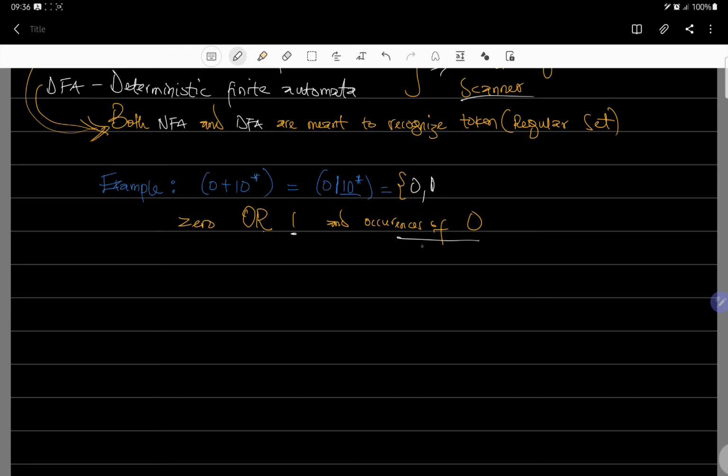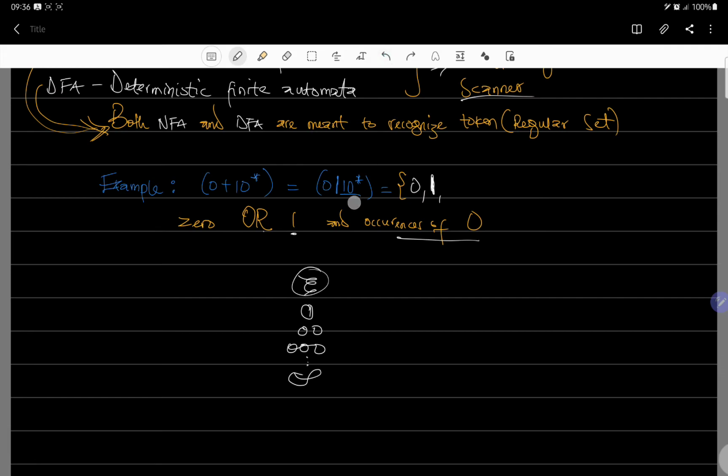Remember, occurrences of 0 starts from epsilon, which means nothing came, 1 zero came, 2 zeros come, 3 zeros come, like that till you reach infinity. So for the very first occurrence, let's say no 0 came, so you have just 1, comma. That's another member of what this can produce.